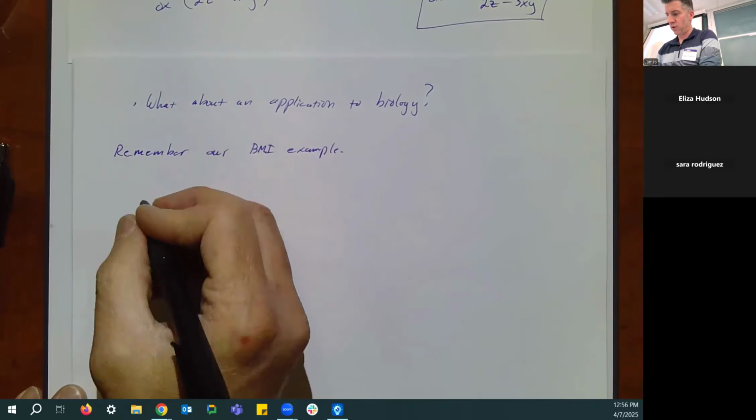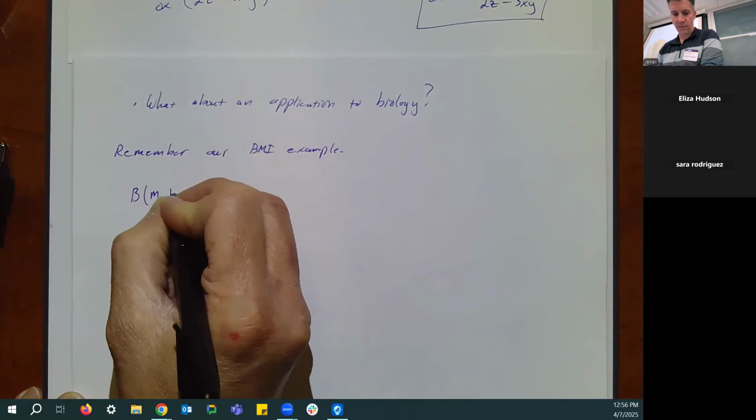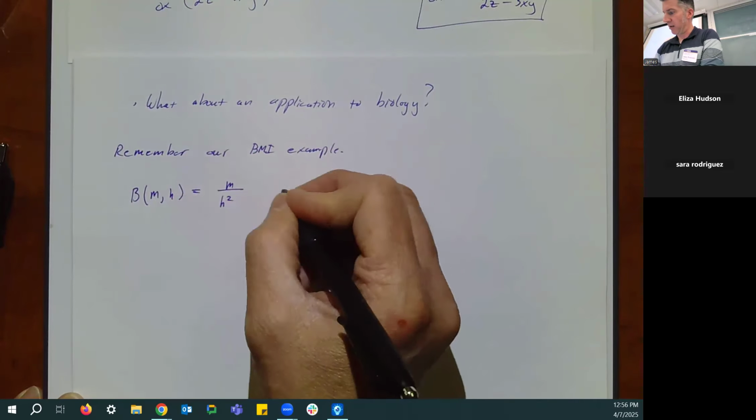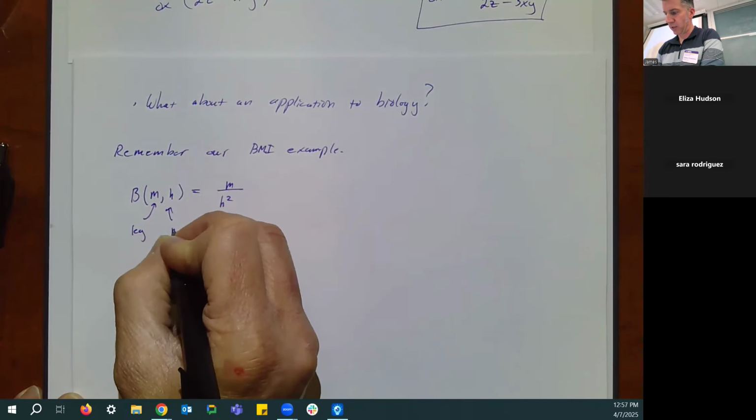So I'll remind you that the BMI of a person with their mass and their height inputted is their mass divided by their height squared. Again, mass is in kilograms, height is in meters.